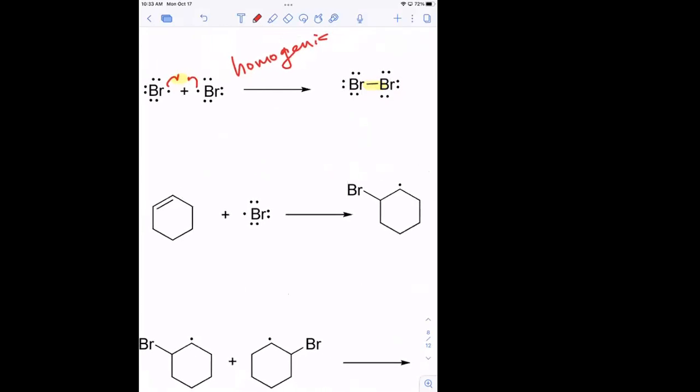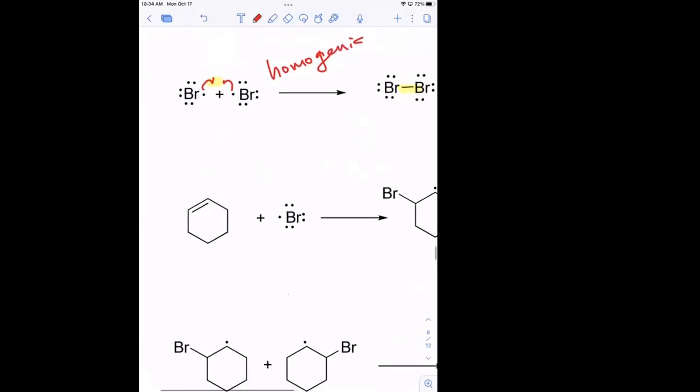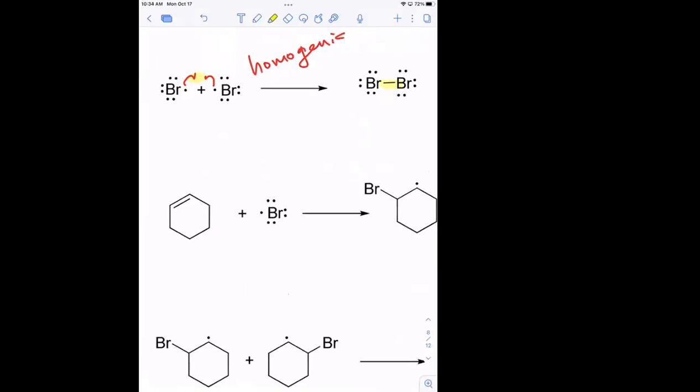Broke the pi bond and also formed the carbon-bromine bond. Let's see how we did that. Everything is radical, so everything is either homogenic or homolytic. I made a bond between this carbon right here and bromine, and then I put one electron on this carbon right here.